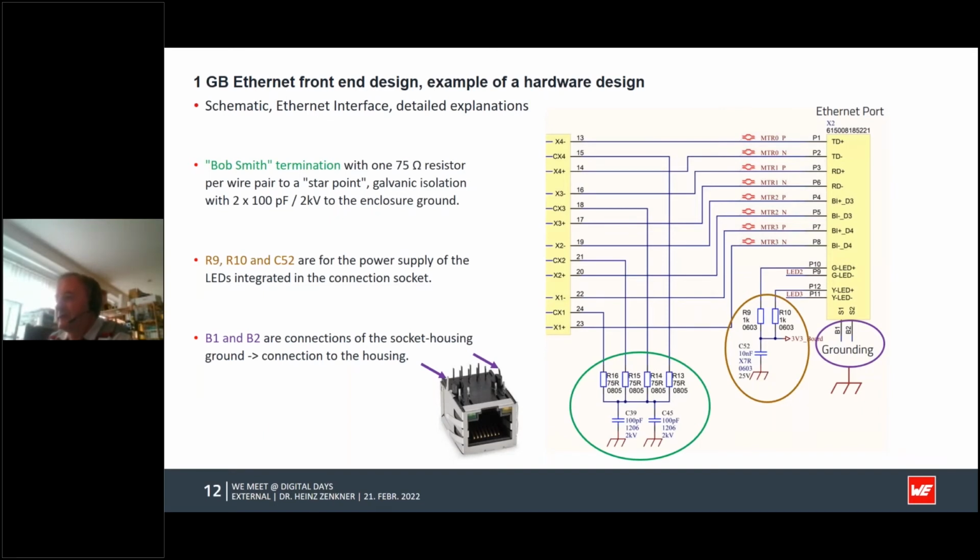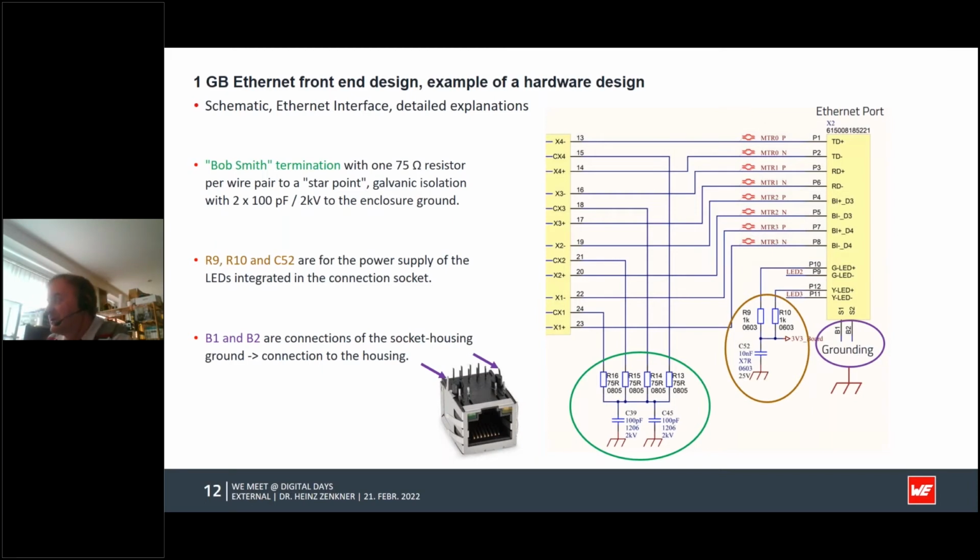The Bob Smith termination here with the 75 ohm resistors has been connected via two capacitors to the shield ground. The shield ground is, let's call it in an easy way, if you have a metal housing, the connection of your metal housing, not the connection of the controller ground.